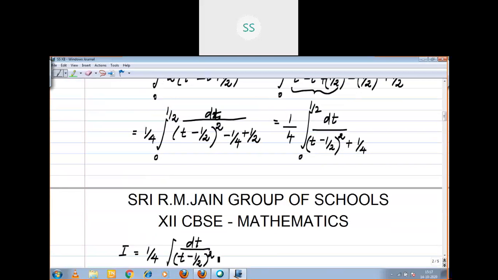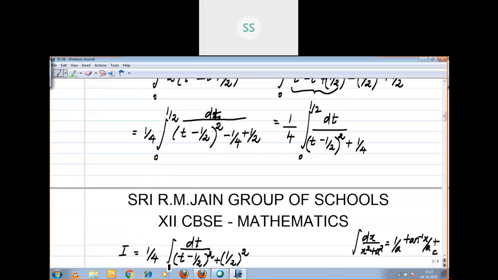Now I am going to write it in terms of standard format. I equal to 1/4 into integral dt divided by (t − 1/2) the whole square. The 1/4 I am going to write it in terms of (1/2) whole square. Now it looks like your x² + a².